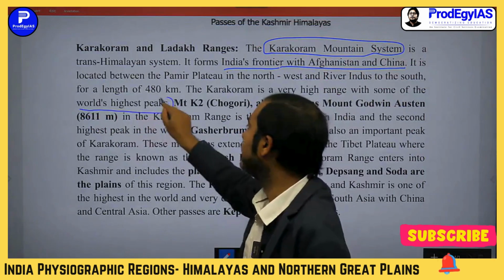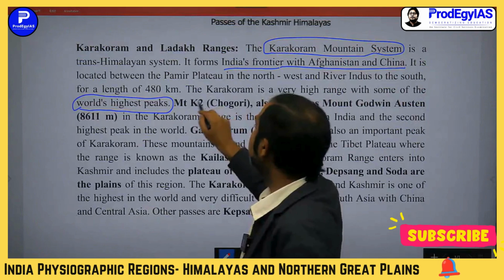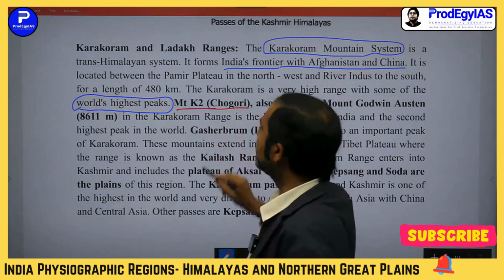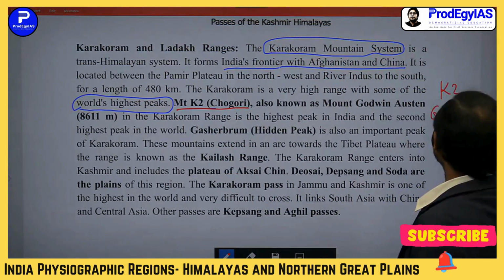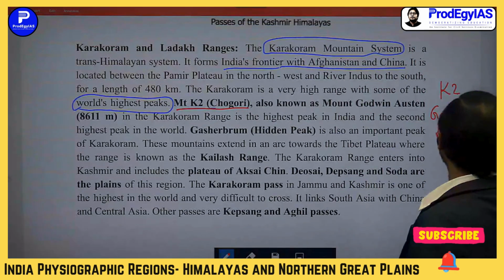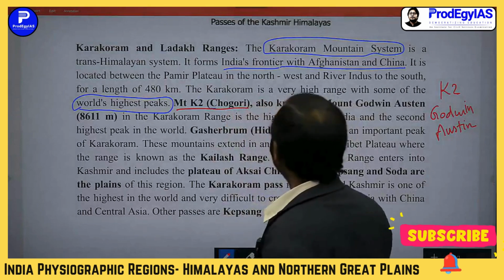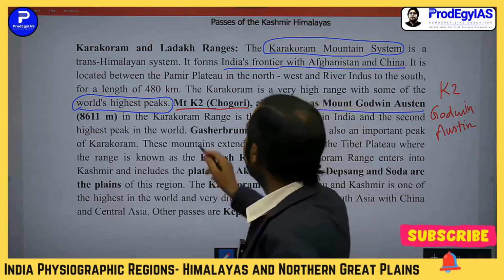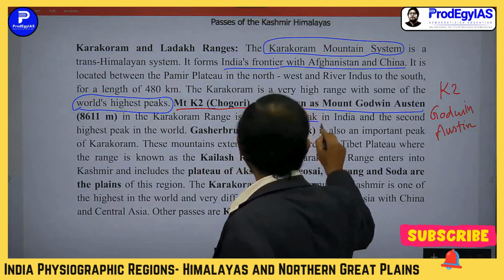World's highest peaks. So which are these world's highest peaks? Mount K2. You know that Mount K2 is also known as Godwin Austen. Locally it is named as Chogori, also known as Mount Godwin Austen. It is the highest peak of Karakoram and also of India.